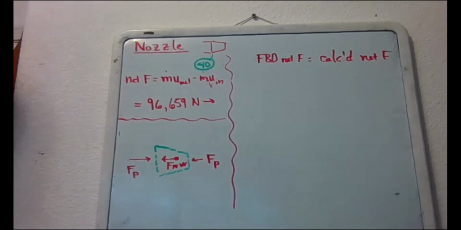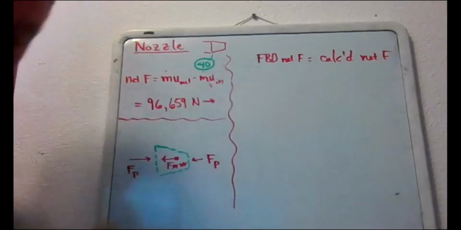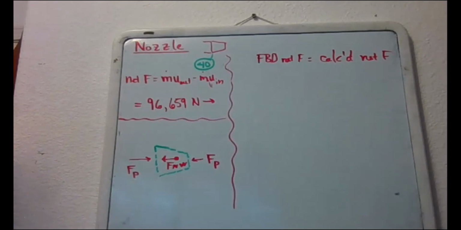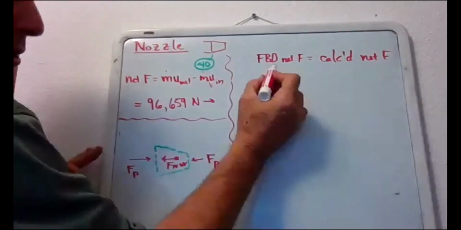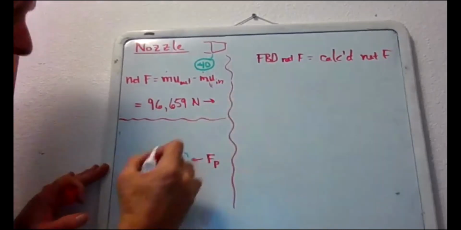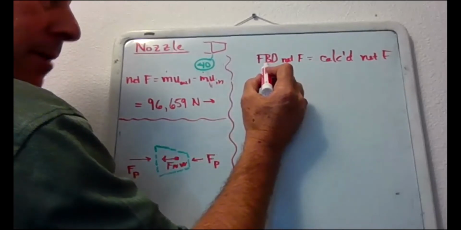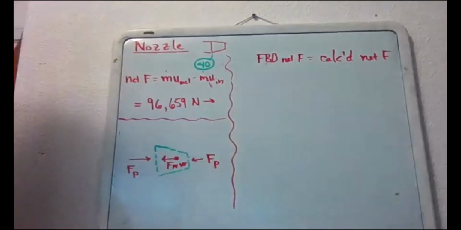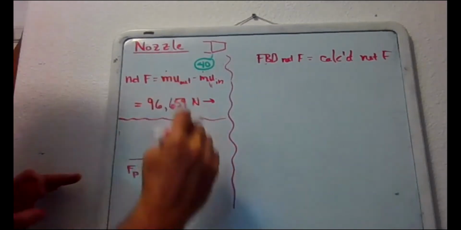And then just like the 2 kilogram block or the 10 kilogram block that we did a few minutes ago, I try to write essentially what would be called Newton's second law, using the free body diagram. You don't need to copy this down, but the net force I get from the free body diagram is equal to the calculated net force, okay? So we want to do positives minus negatives.